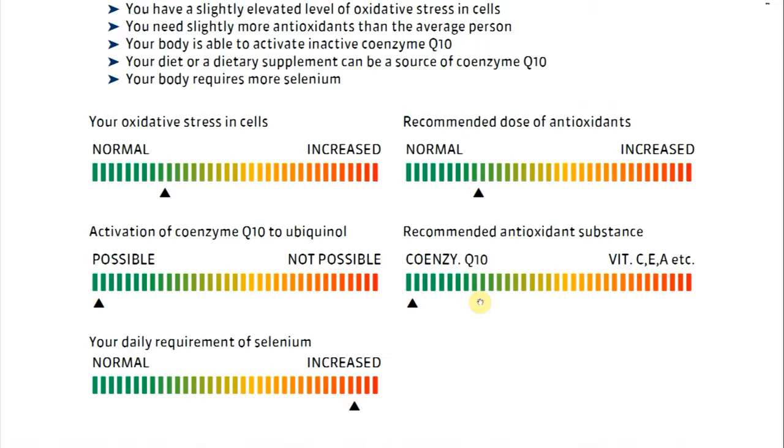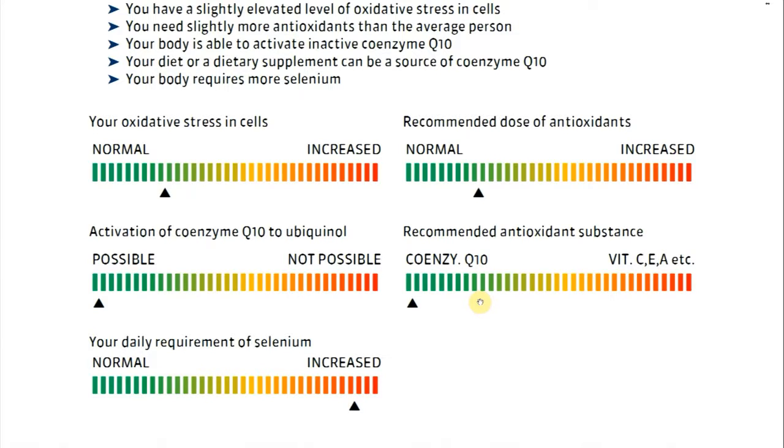So generally, your oxidative stress, how well you are protected from these age-promoting free radicals. Normal means good protection, your genes are working, they're protecting you. Increased means your genes, at least some, if not all of the genes, are disabled through some of the genetic variations, and you don't have the protection that other people would have from these free radicals.